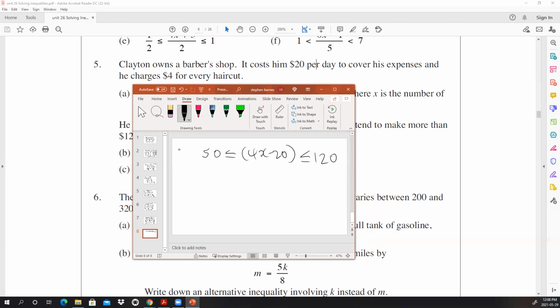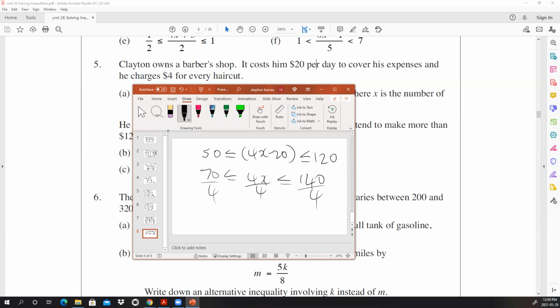And then we solve for this, and we know how to solve things like these, right? So in this situation we add 20 to all sides, we get 70. For 4x, we get 140. And then we divide all sides by 4, right? And whatever that works out to be, you can tell me. Let me see.